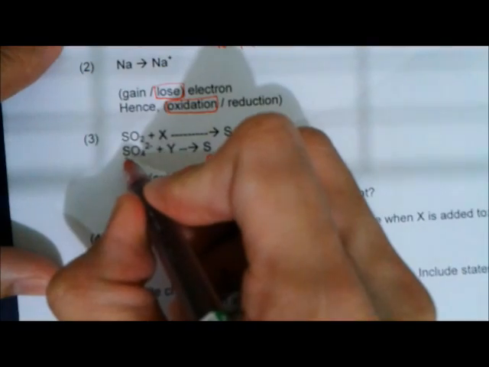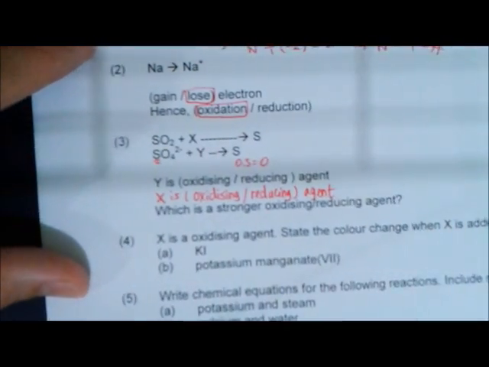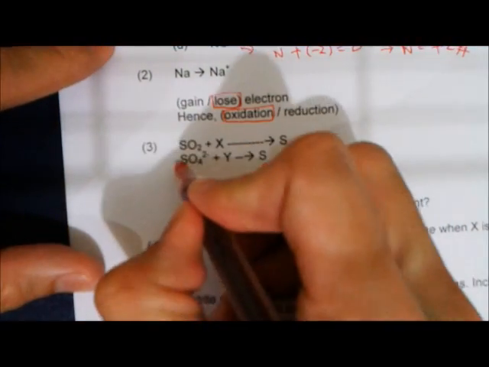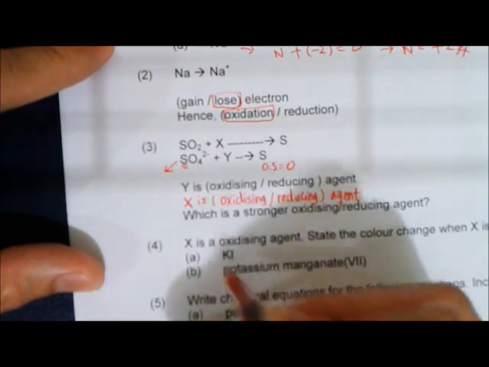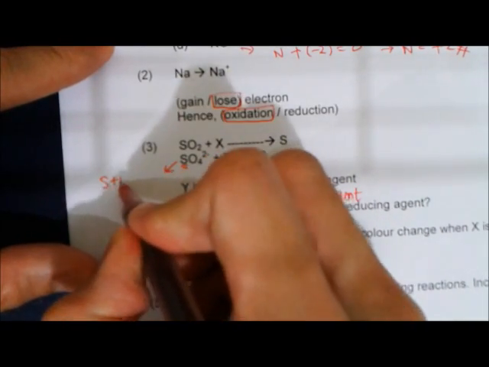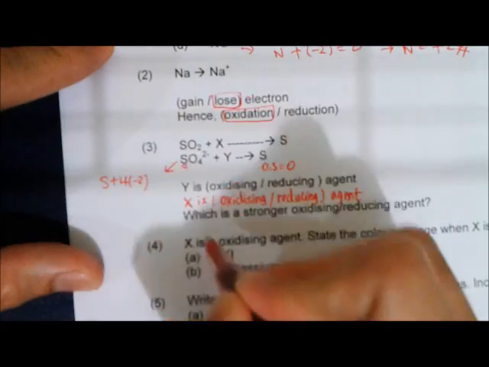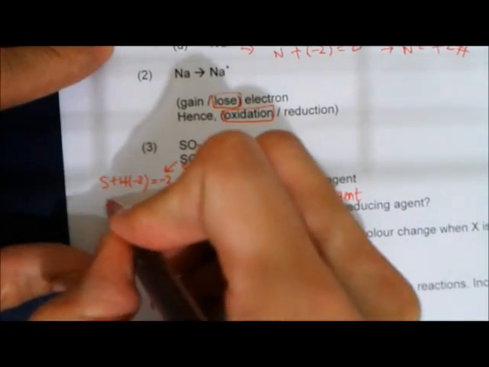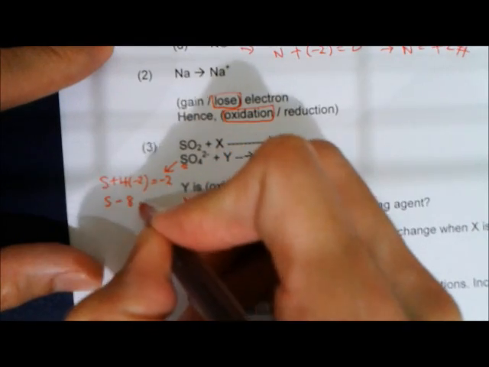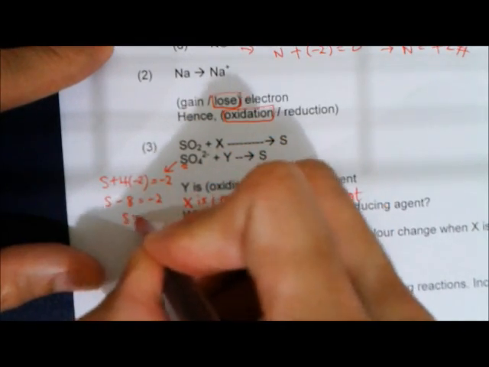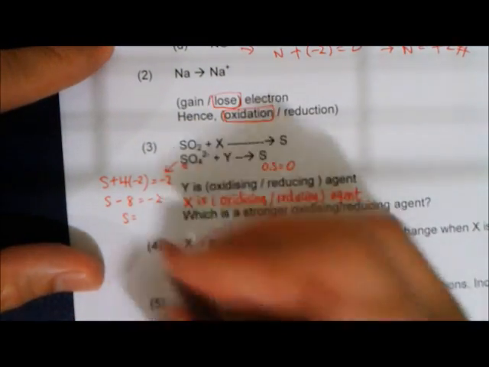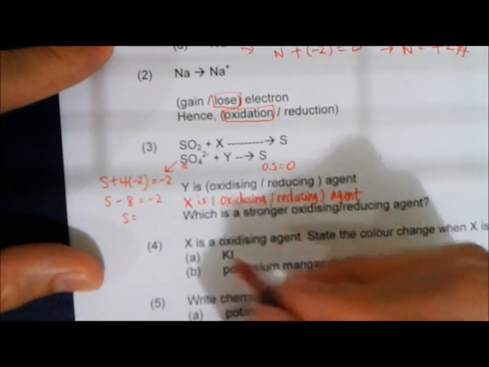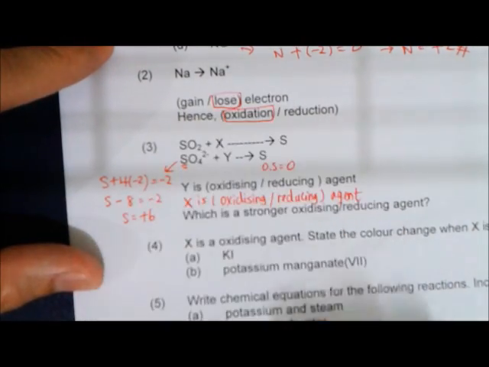How about the oxidation state of sulfur in sulfate ion? This one you have to solve it. So S plus 4 minus 2 equals to -2. So S minus 8 minus 2. S minus 2 plus 6, plus 8, which is plus 6.